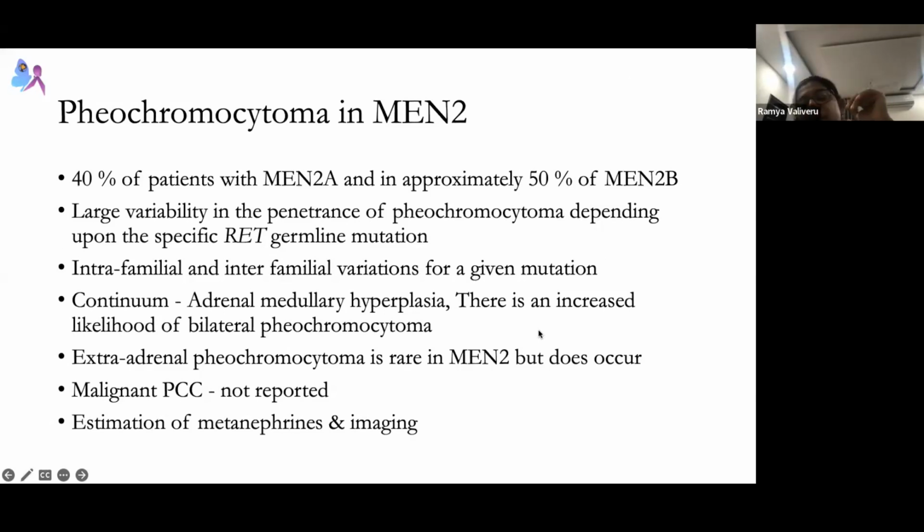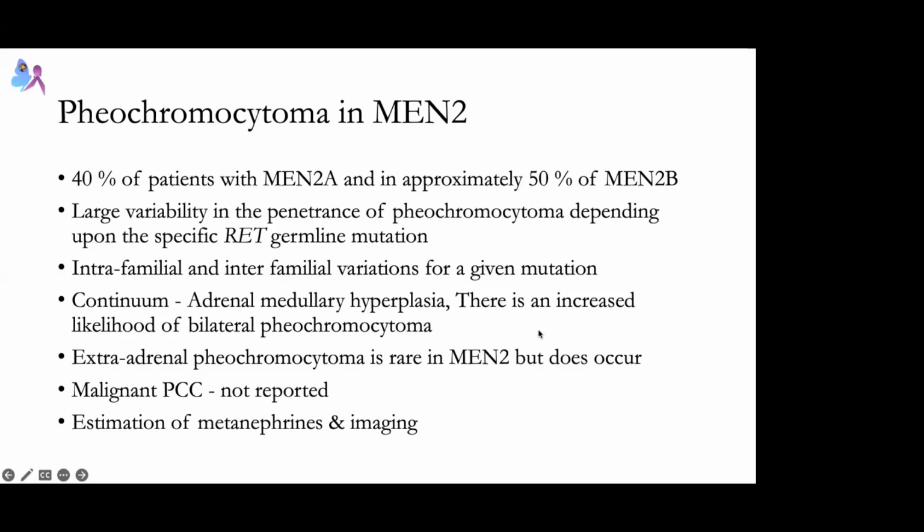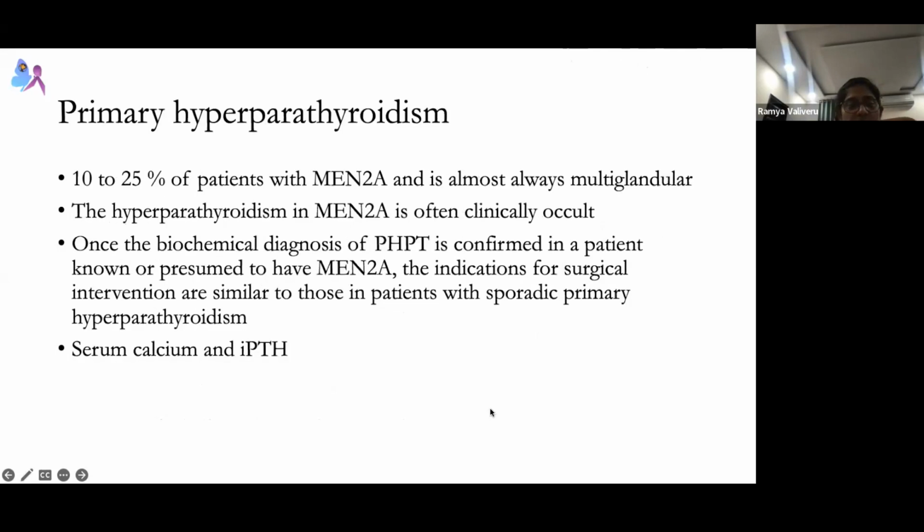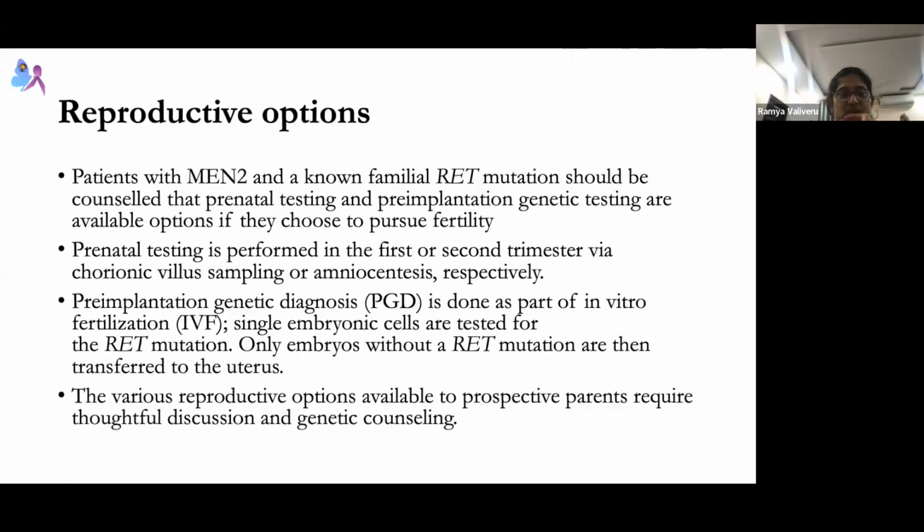Is it MEN1 or MEN2? In MEN1. Correct. You're right. So in MEN1, they tend to have bigger hyperplastic nodules and they have higher calcium. So we are going to do calcium and iPTH in these patients.